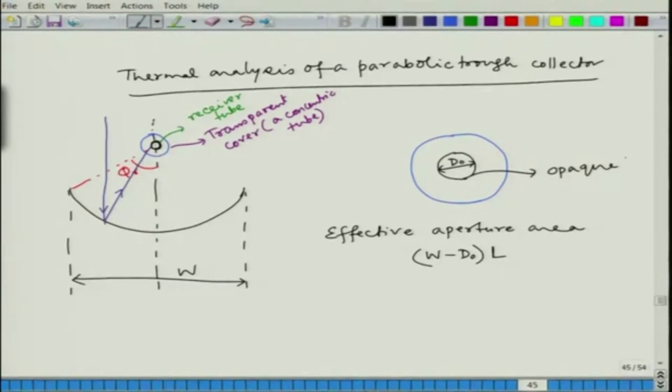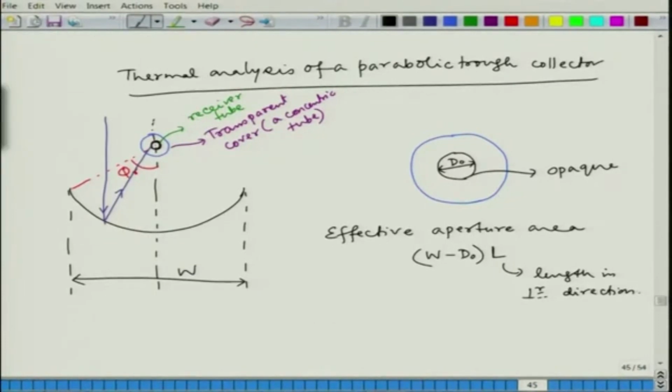If it is opaque, any radiation will not pass through that region to reach the reflector. So, the effective aperture area is not W into L, where L is the length in the direction perpendicular to the board, but W minus d naught into L.